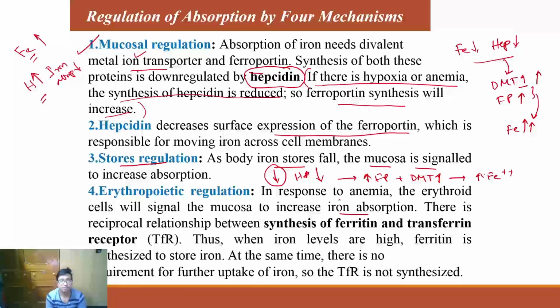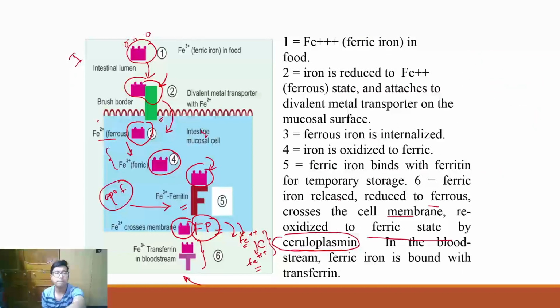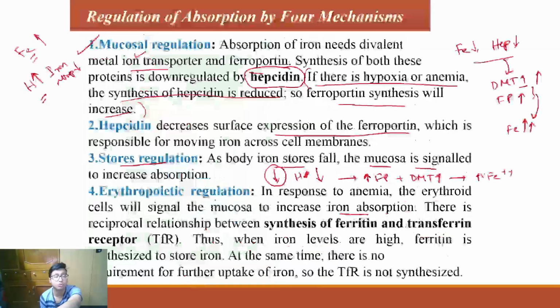Now you saw in this figure that in the last step there is transferrin, the protein which helps in transfer of iron, and F stands for ferritin, the storage form of iron.